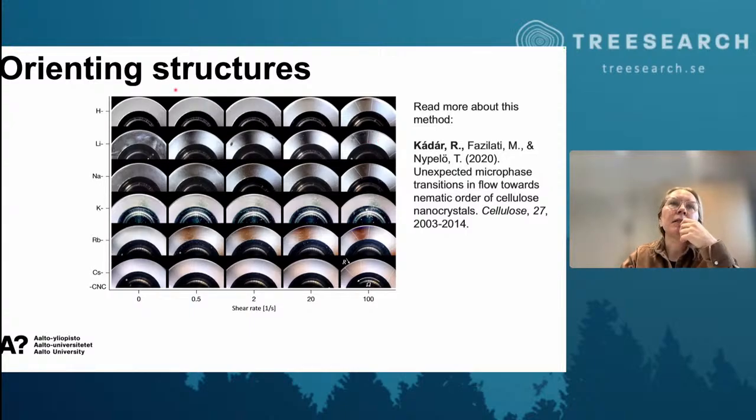And how you read this picture here is that you can see materials that are observed under the polarized light microscope, and we are looking at them with respect to different shear rates and how they behave.